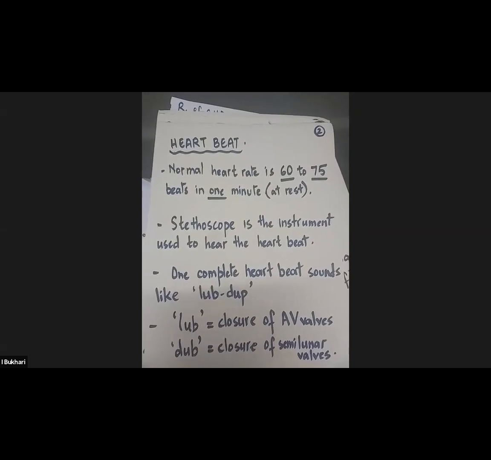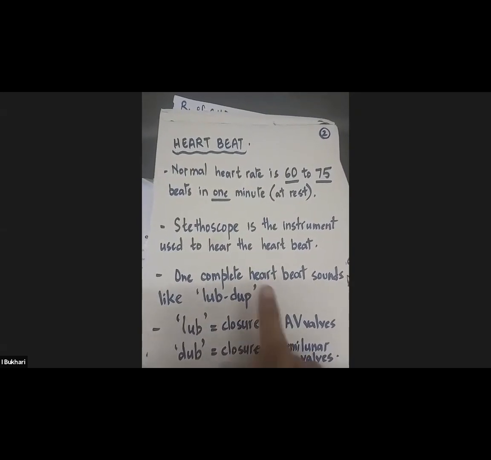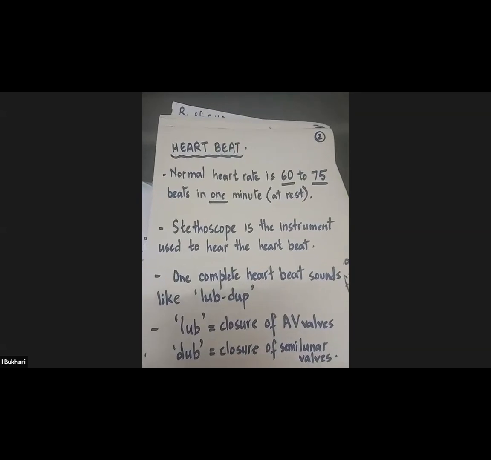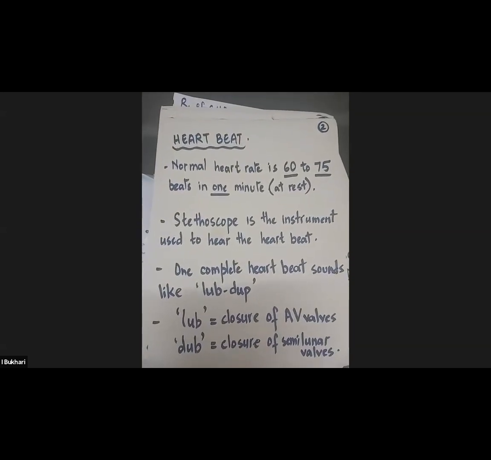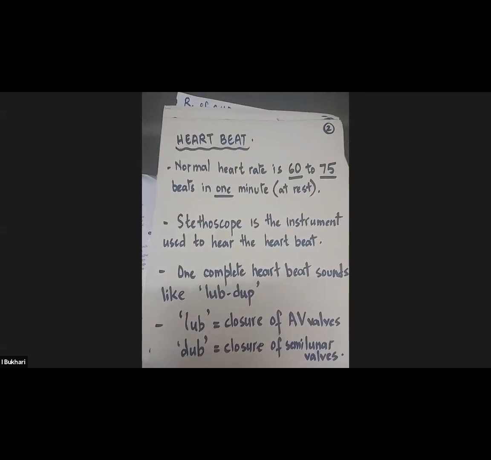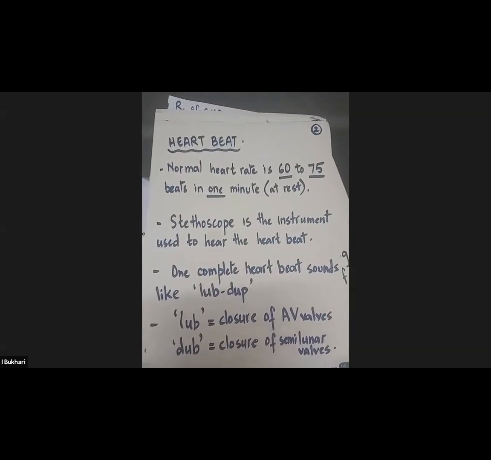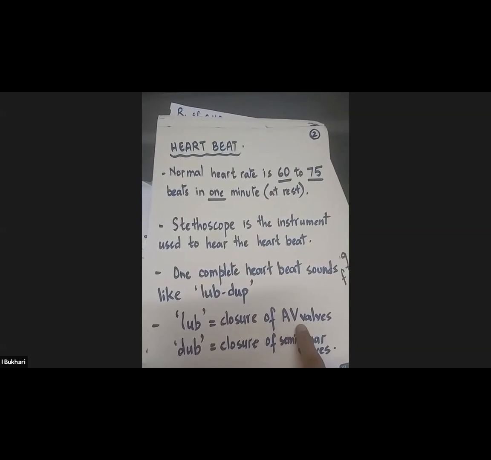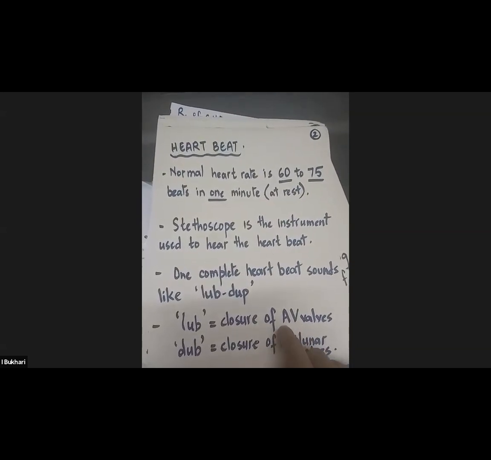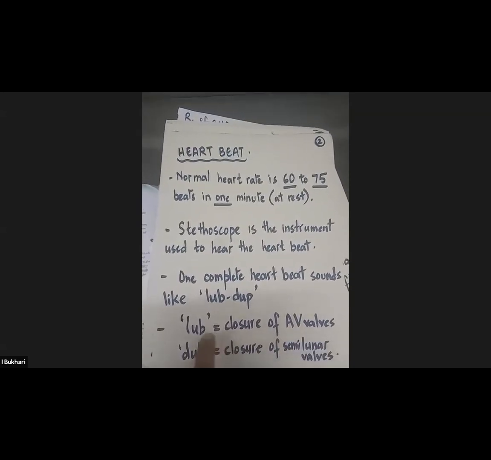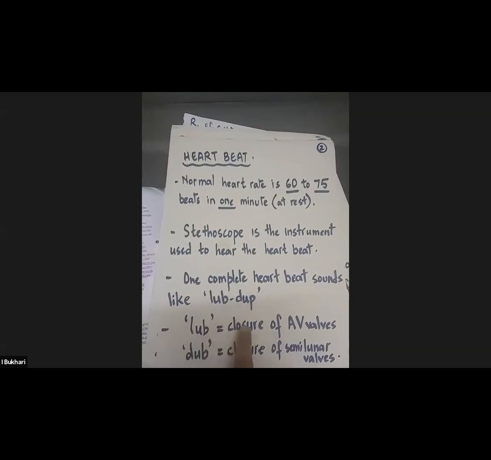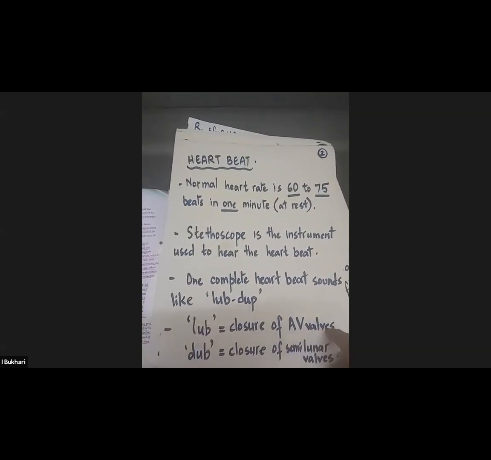On the left side is mitral, and tricuspid on the right side. They are called atrioventricular because they are between the atria and the ventricles. So the first sound lub is due to the closure of the atrioventricular valves.